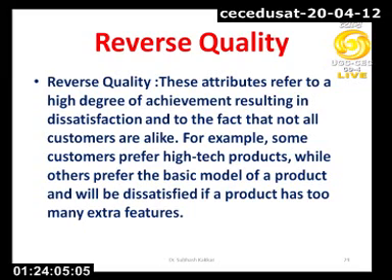For example, some customers like high-tech products and some customers really do not like high-tech products, because they feel that the basic requirement is being fulfilled by a basic model. Why do they go for high-tech products which are very costly and difficult to operate also? This is the thinking of some of the customers, and these kinds of attributes are called reverse quality.